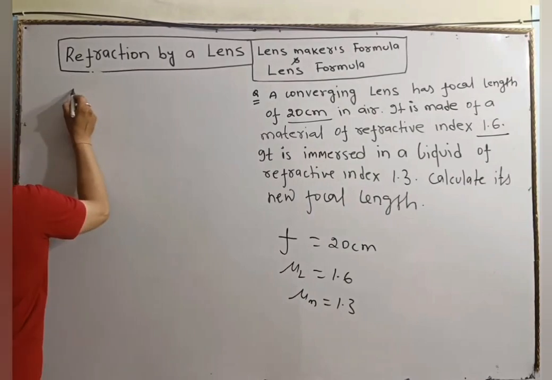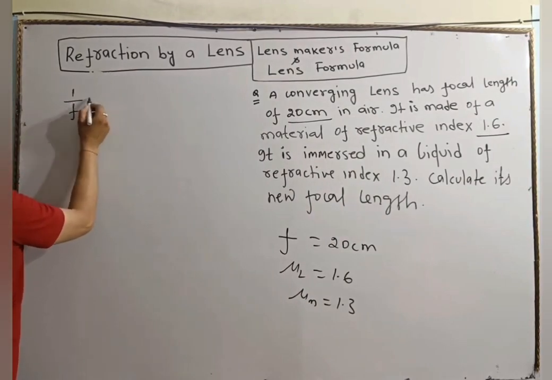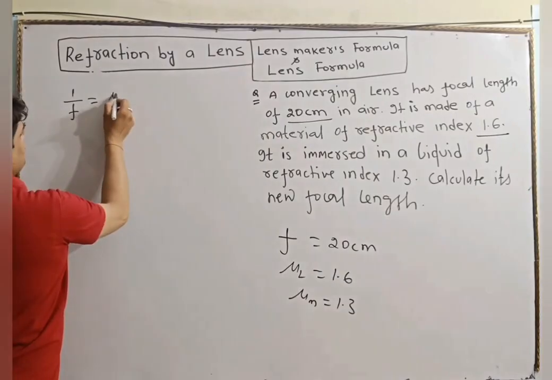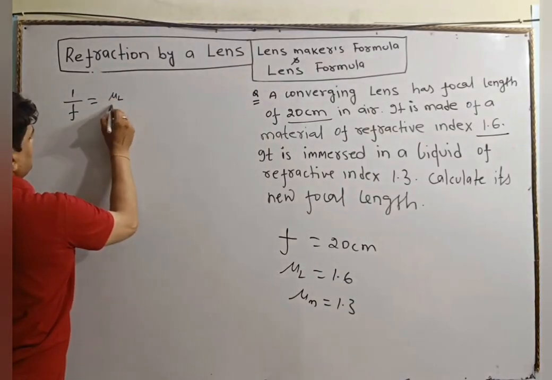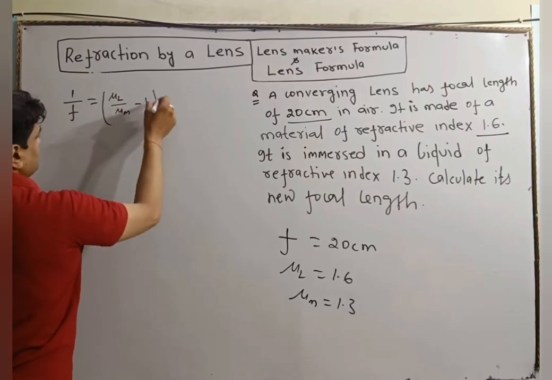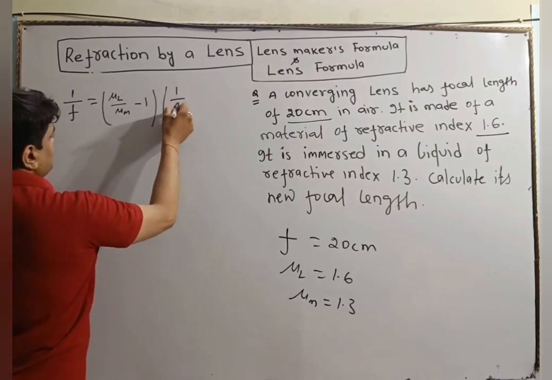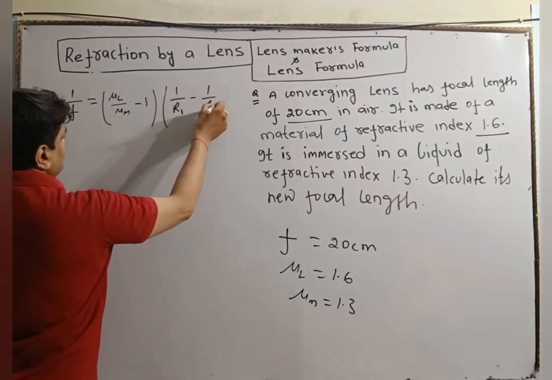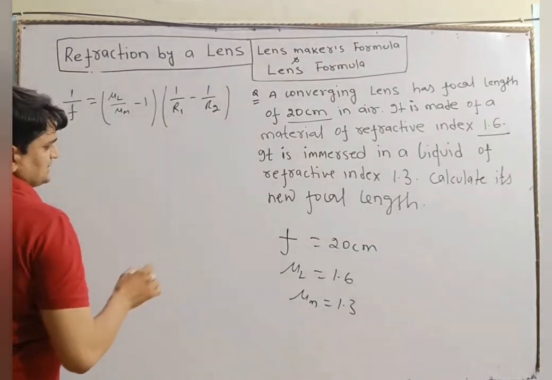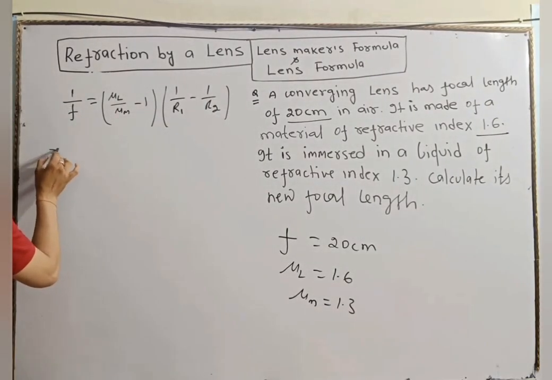Let the focal length initially be F1 when there is air. So 1 upon F1 equals (mu L upon mu M minus 1) times (1 upon R1 minus 1 upon R2). When there is air, its focal length is 20 centimeter.